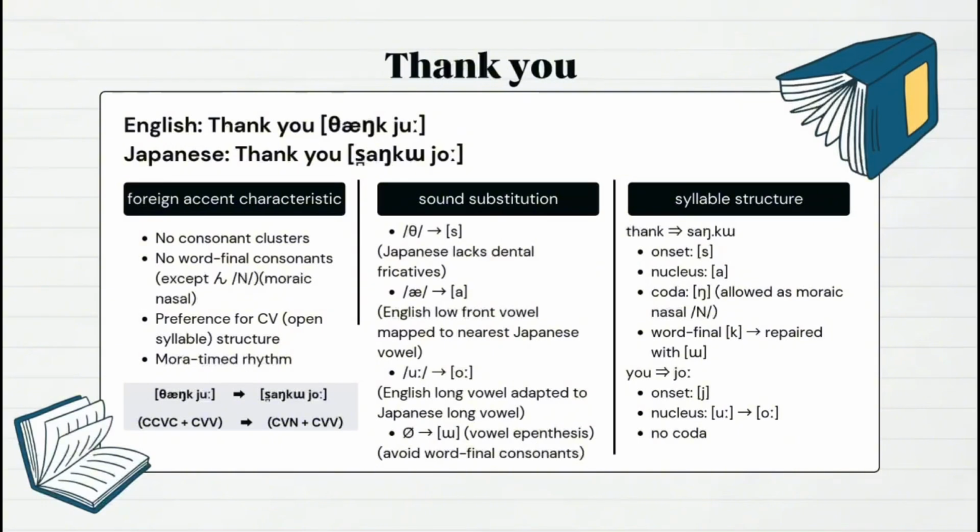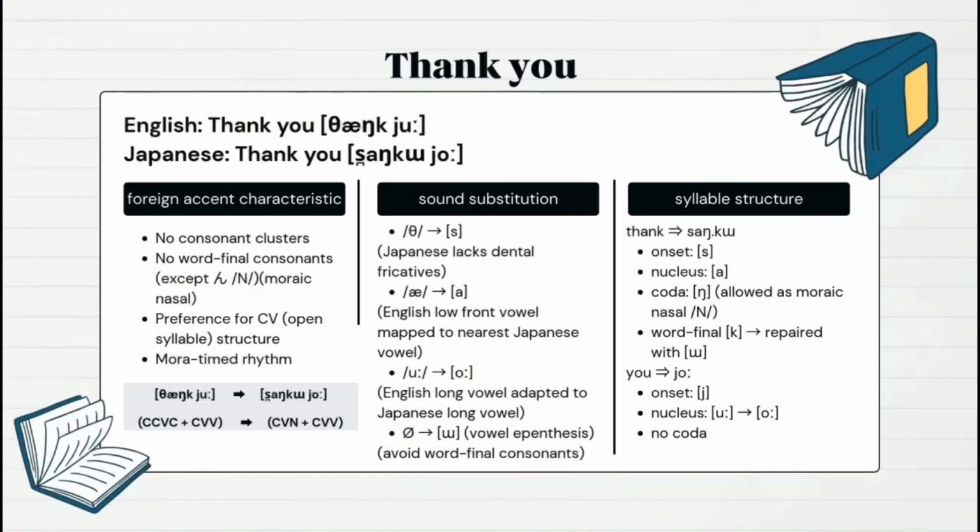English low front vowel is mapped to the nearest Japanese vowel because Japanese has a 5-vowel system, and English a has no close equivalent. And the third one, English long vowel adapts to Japanese long vowel because Japanese allows the moraic nasal in coda position, but it is placeless and assimilates to following consonants. And the fourth one is vowel epenthesis, which avoids word final consonants.